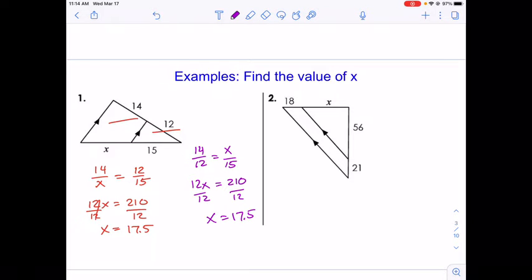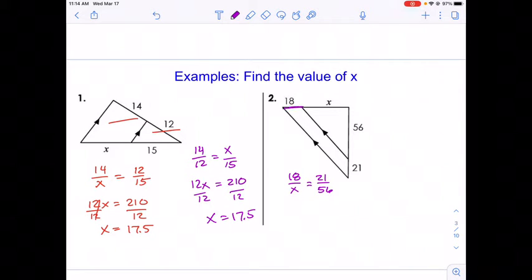Let's take a look at the next one. We have 18, x, 56 and 21. You can say 18 is to x as 21 is to 56.